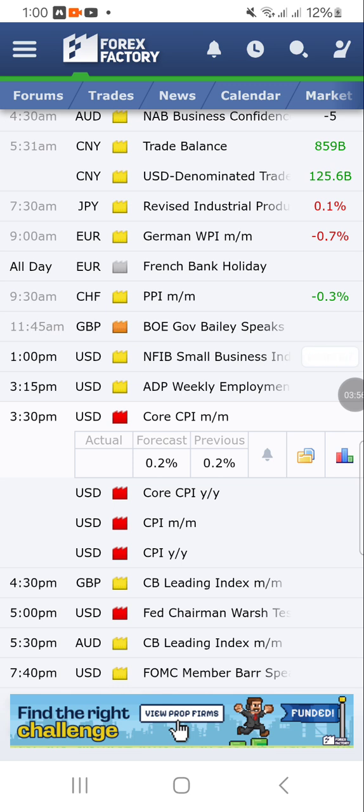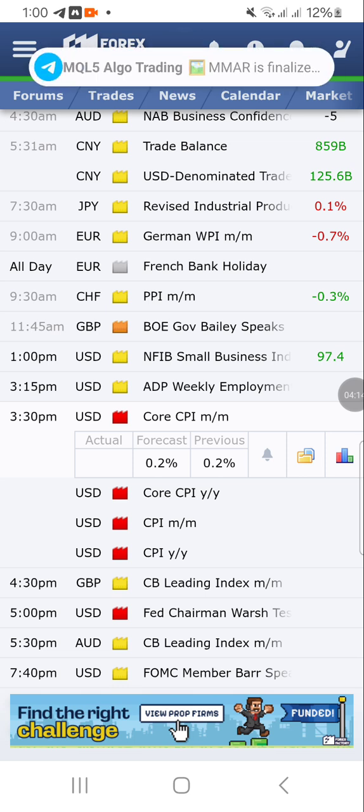If the number comes out higher than the forecast, what the entire nation expected, it means the CPI has increased. It means the prices of goods and commodities, essential goods and commodities, have increased. Do you get my point?